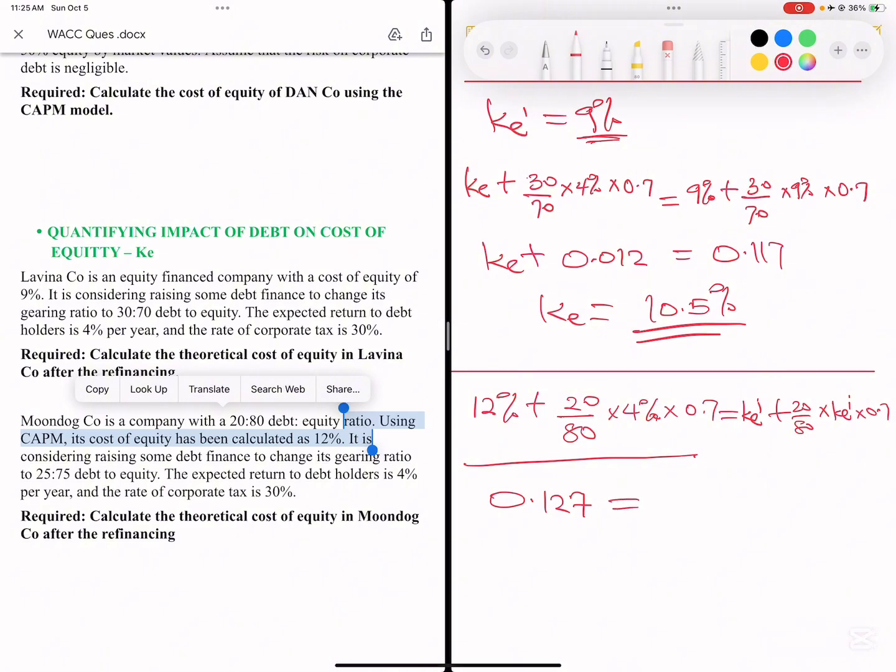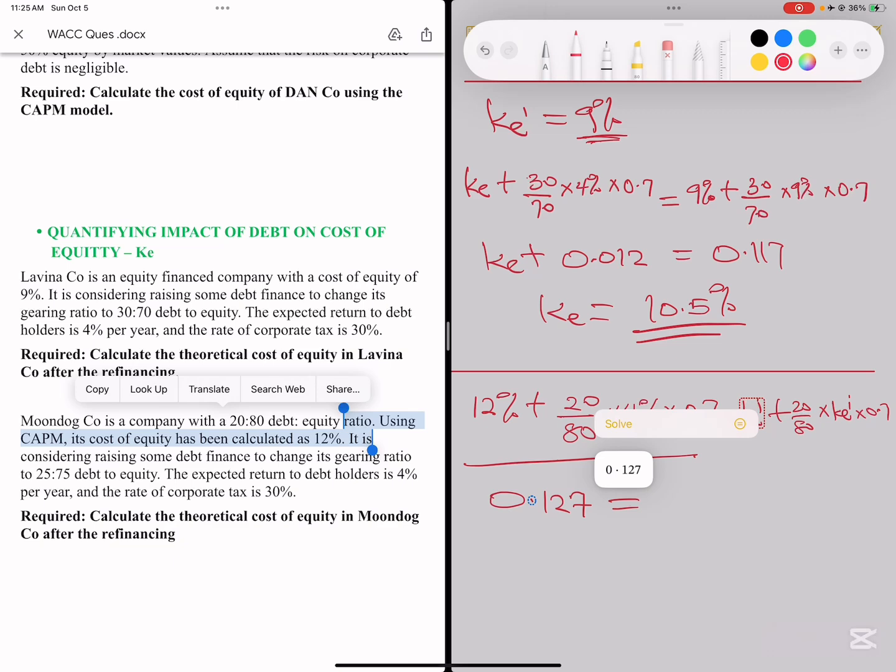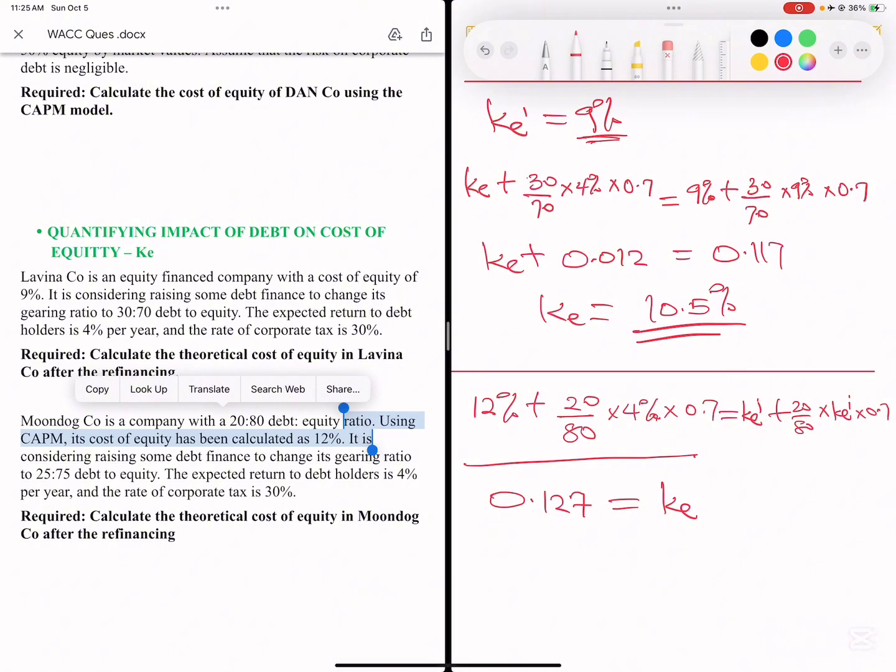equals the other side. It will be 20 divided by 80 multiplied by 0.7. That's 0.175. So KEI plus 0.175 KEI. If you add this together, that is equal to 1.175 KEI.